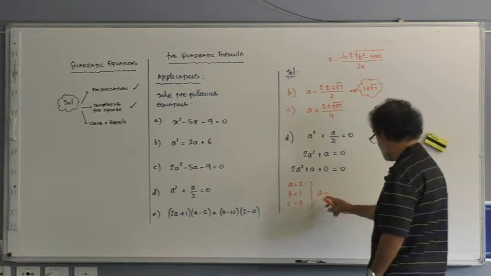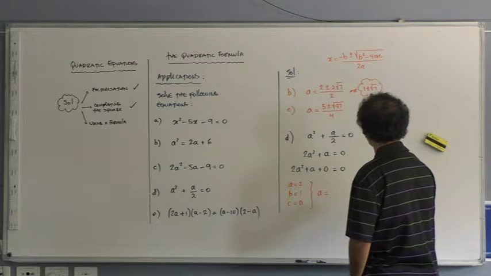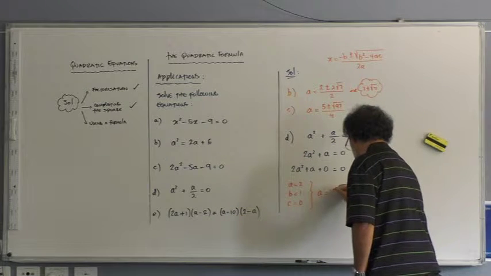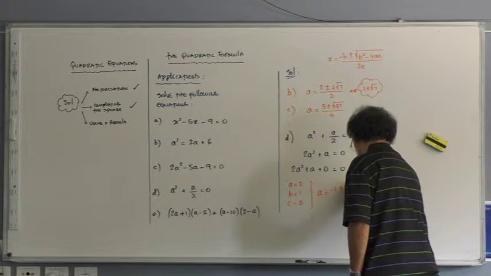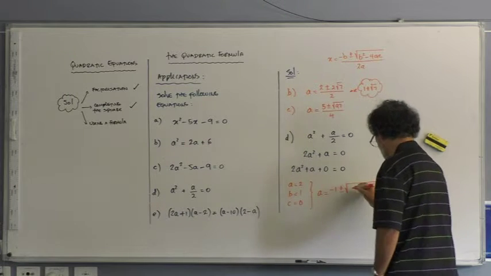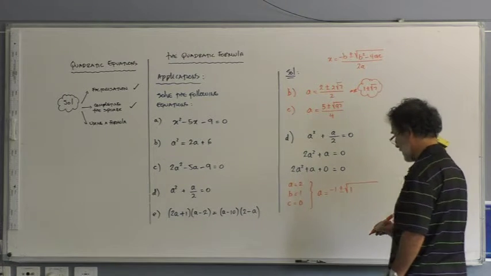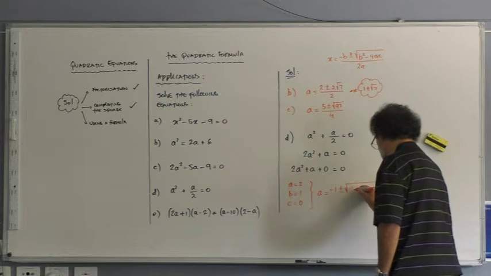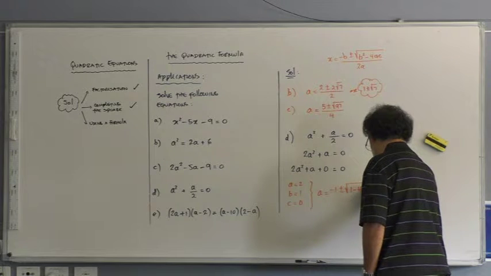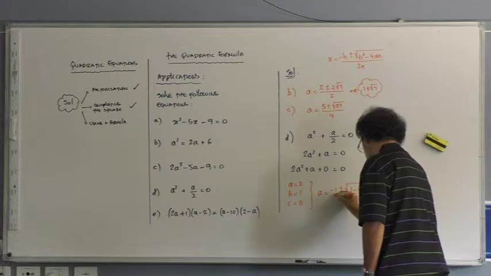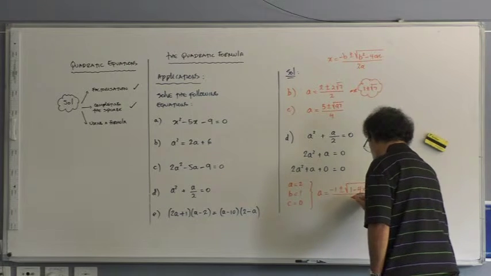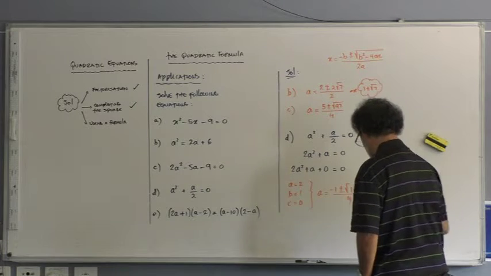Okay, so a is equal to minus b, so it's going to be minus 1, and then plus or minus the square root of b squared, which is 1. All right? And then minus 4 times a, which is 2, and then times 0, and then all over 4.